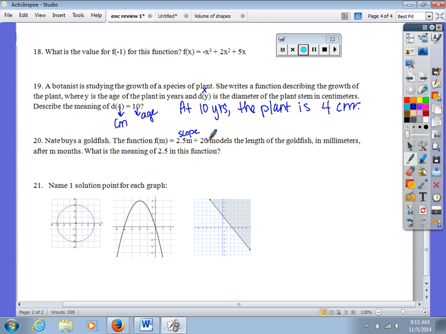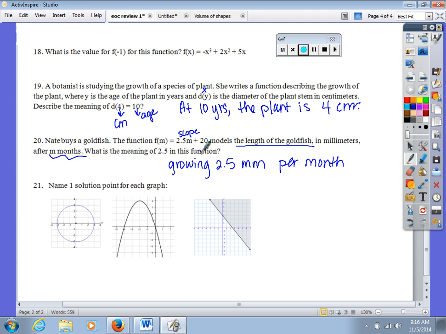Since it's modeling the length of the goldfish, this is how much it's changing after m months. Since it's positive, it's increasing, so the goldfish is growing 2.5 millimeters per month. And this 20, since it's the initial value, is the initial height. So the goldfish started at 20 millimeters.